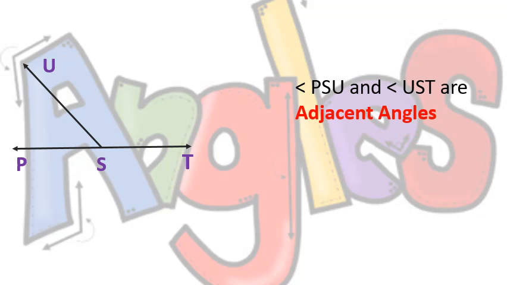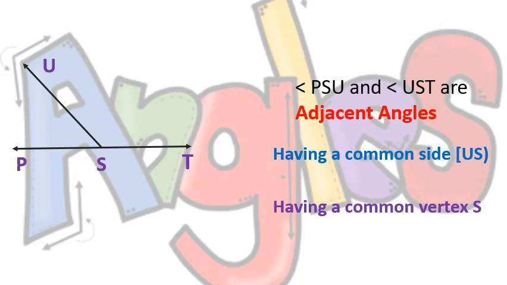Why are they adjacent angles? Simply because we have a common side, which is US, and they have a common vertex, which is S. Again, we are talking about this angle and this angle. Both of them are adjacent angles.